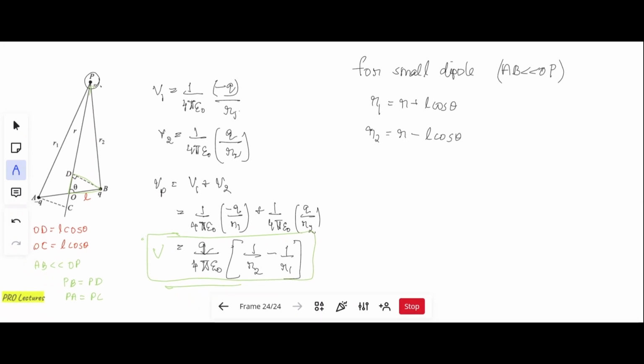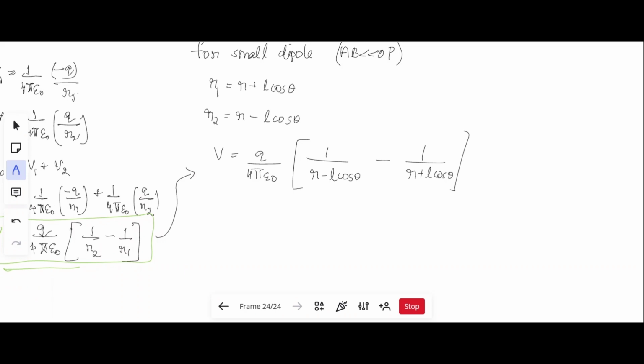Substituting this, we get this equation. V is equal to Q by 4 pi epsilon naught, 1 by R minus L cos theta minus 1 by R plus L cos theta.